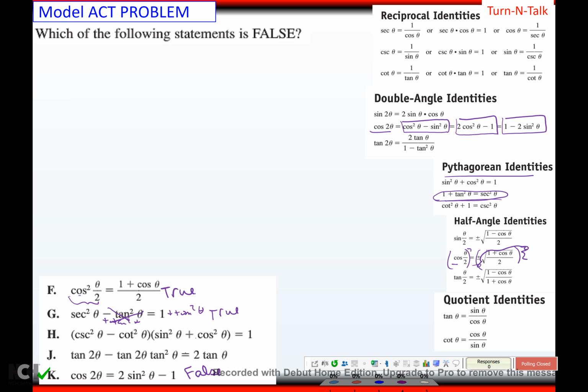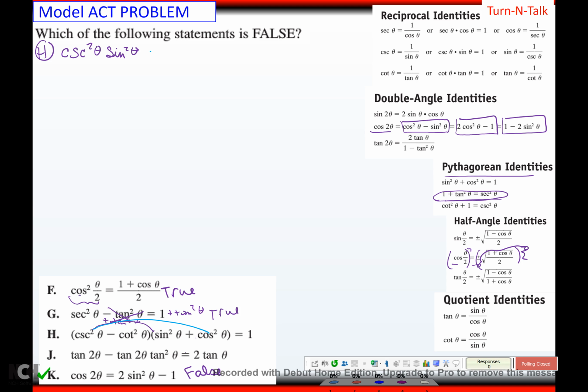Now h, all right, you're going to have to FOIL it out. So for h, I would have cosecant squared theta times sine squared theta. Sorry, I'm going to try and write so you can read it. I'm going to do these in different colors so it'll be easier for you to see me simplify them.